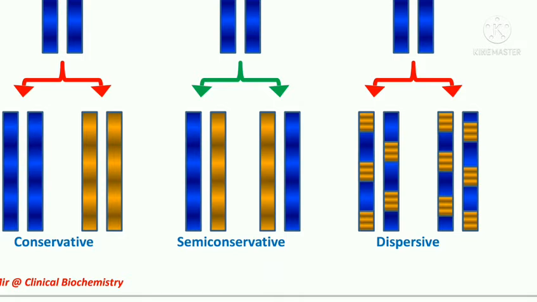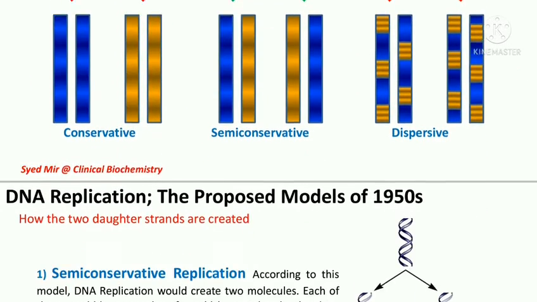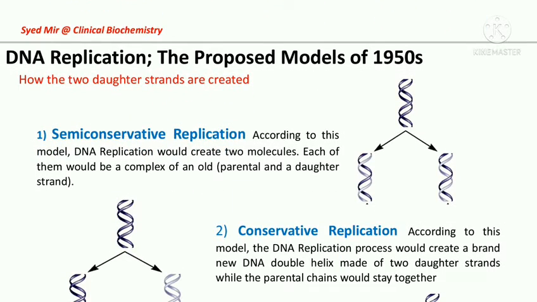That means new strands are made and these are dispersed, or spread, in the parent strand. This is known as the dispersive model of replication. Now, the most accepted model of DNA replication is the semi-conservative mode of DNA replication.